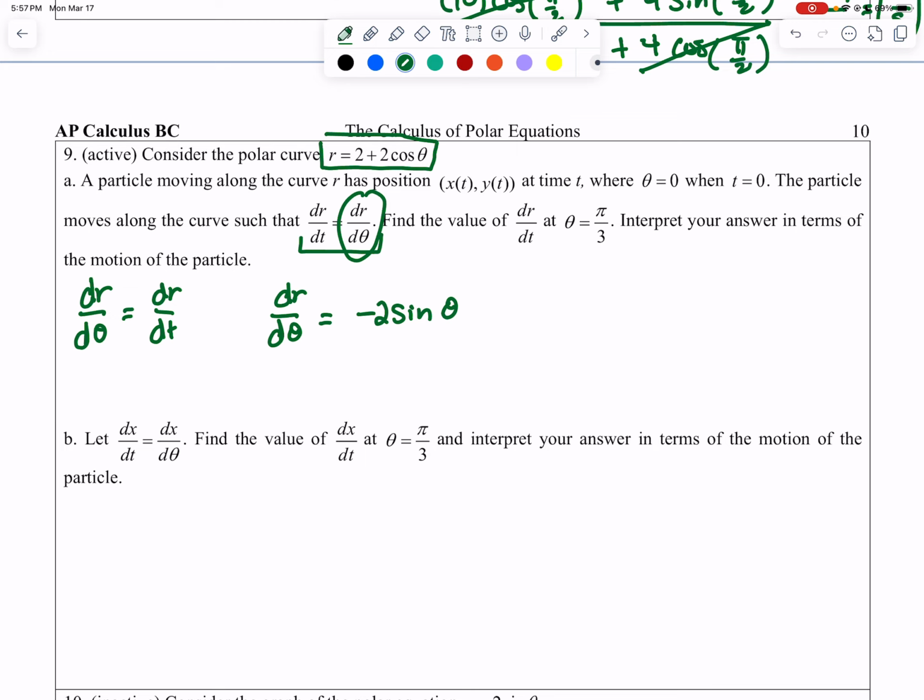And then I'm going to plug in pi over 3. So I'm going to plug in theta is equal to pi over 3. -2 sine pi over 3. If I think about pi over 3 here, sine is going to be root 3 over 2. So I get -√3.